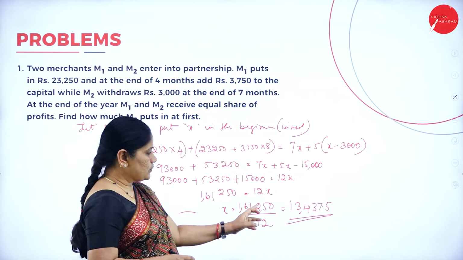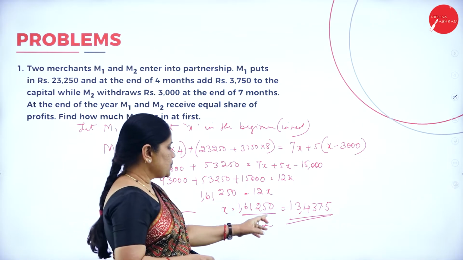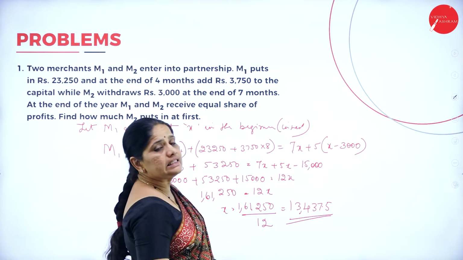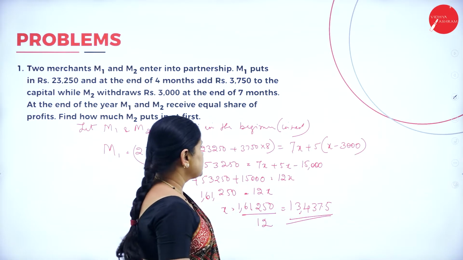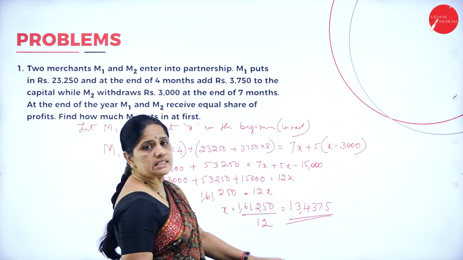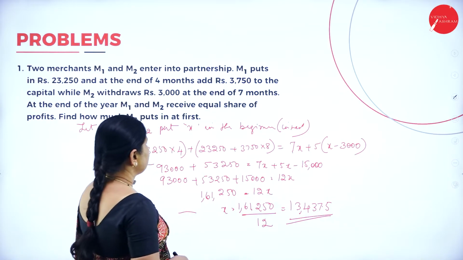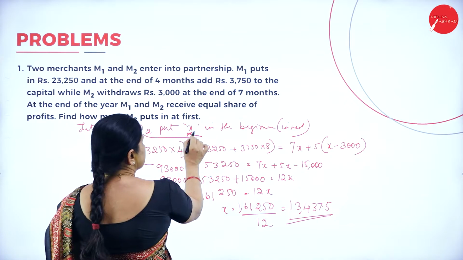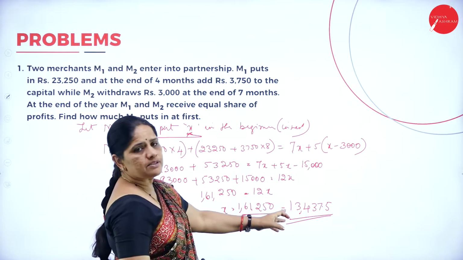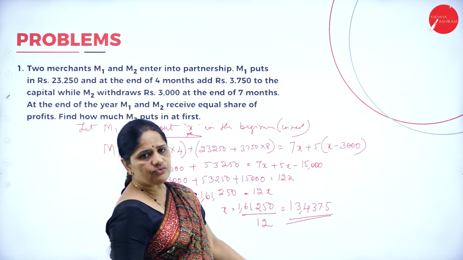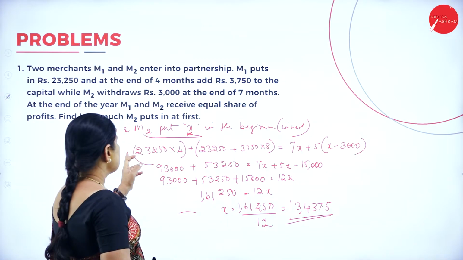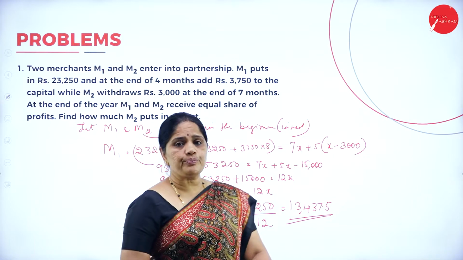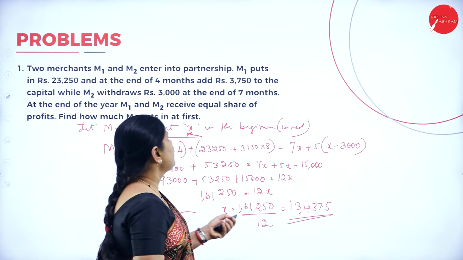So x will be equal to 1,61,250 divided by 12, I get 13,437.5. So this is the answer, the investment made by M2, which is X. So X has made an investment of 13,437, whereas Y has made an investment of 23,250 rupees.